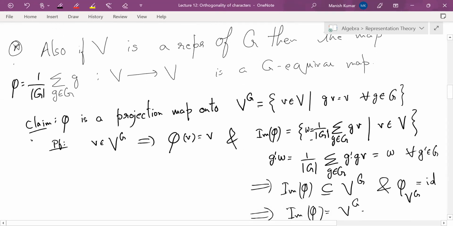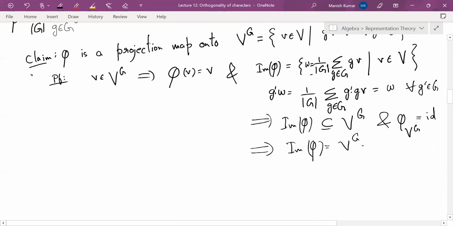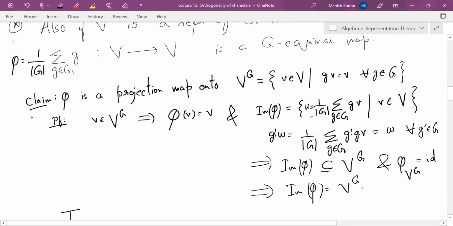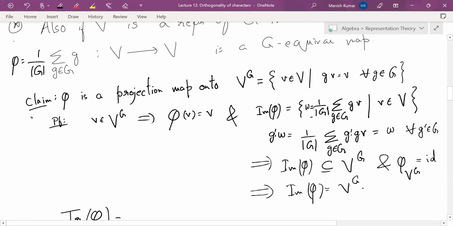So if you think about how the projection map works, if you want to compute the trace of phi, or rather, what is the trace of phi? First, we can compute the trace directly.